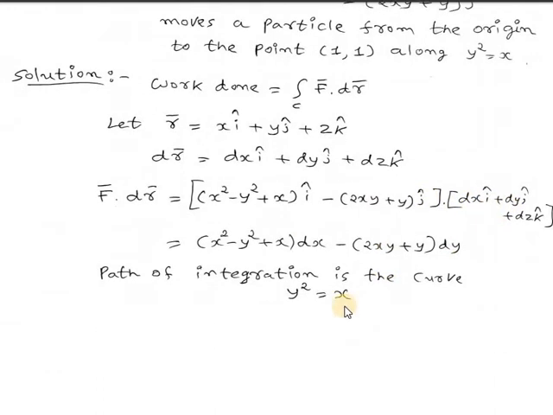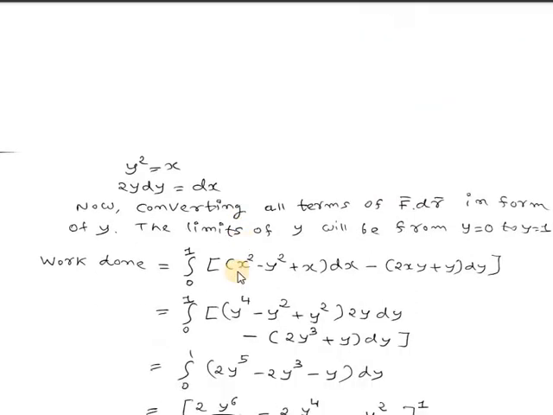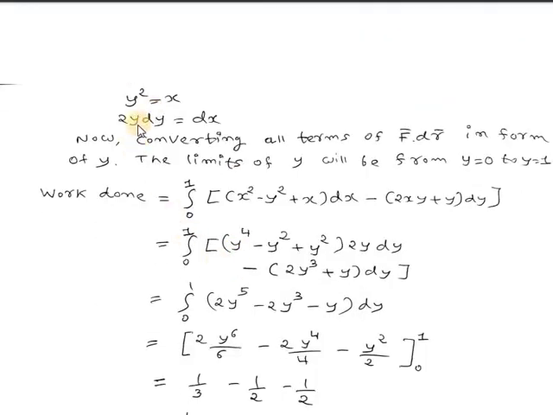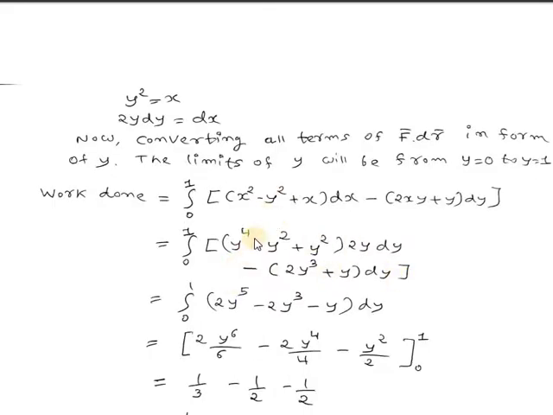Now we have to find this integration along the curve y square equal to x. If y square equals x, then differentiating both sides we get 2y dy equal to dx. Now we are converting the whole expression in the form of y. We have two options, either we can convert this expression in the form of x or in the form of y.